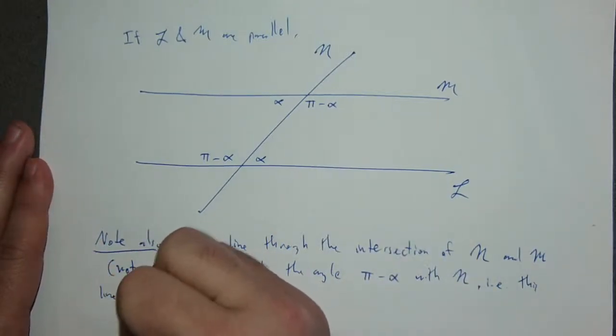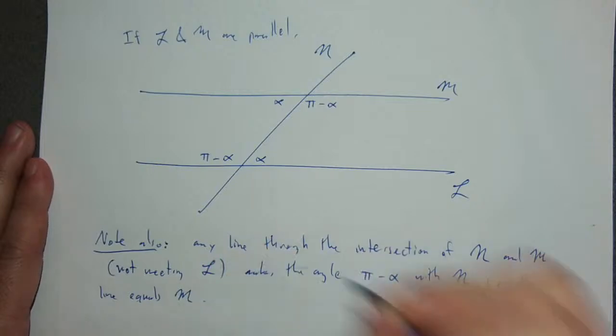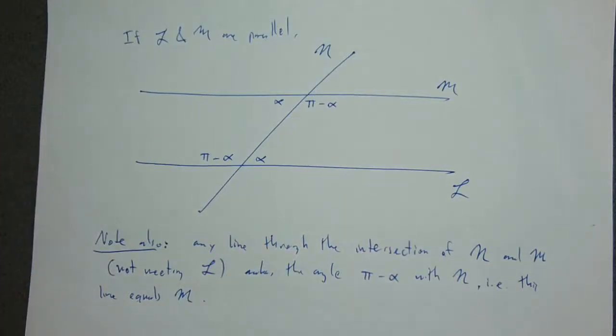Okay, that might seem like a very obvious thing that you said there, but really what this is saying is that the parallel to L through a given point exists, or if the parallel to L through a given point exists, it is unique.